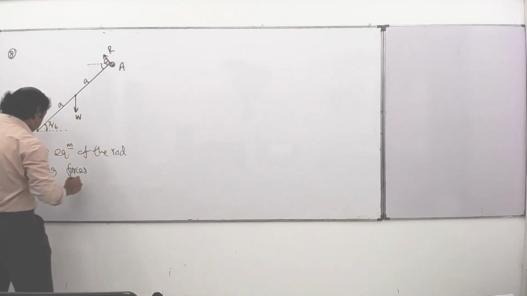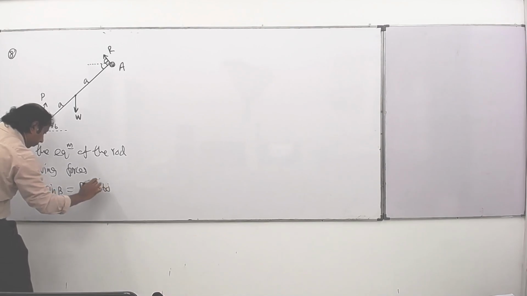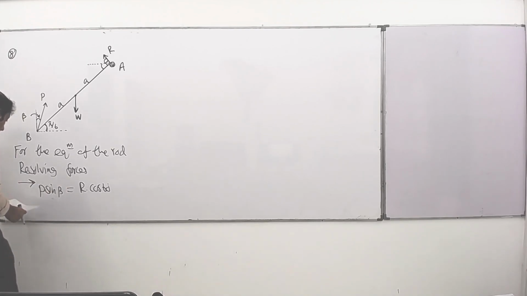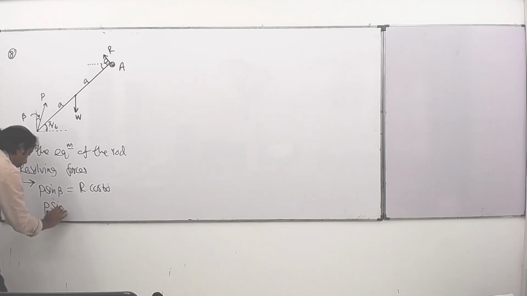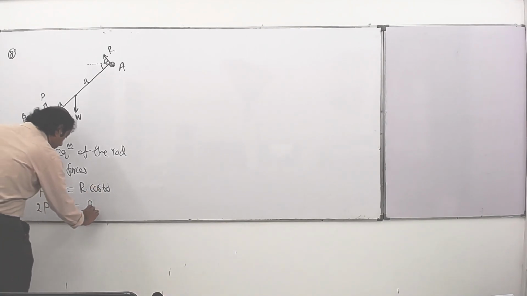R cos 60, and you know cos 60 is half. Then we get P sine beta equals R by 2. Number 1.